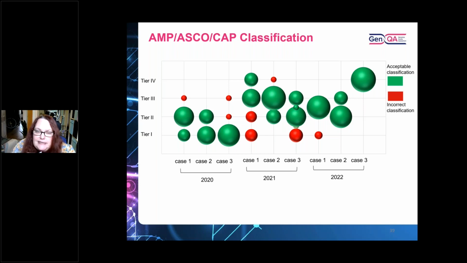Now we have seen more, certainly in 2022, for the benign variants, we definitely saw more harmonization between the laboratories, whereas for tier 2 and tier 3, there is still a lot of variability in what laboratories are calling a VUS or a clinically actionable variant.